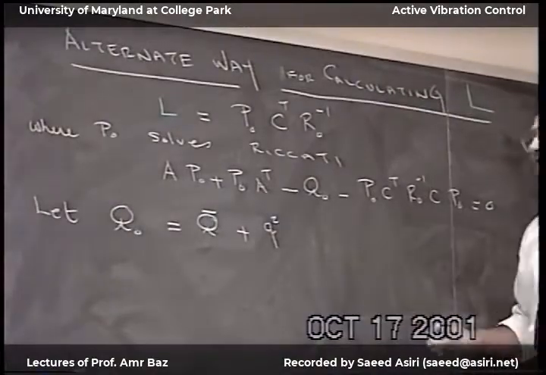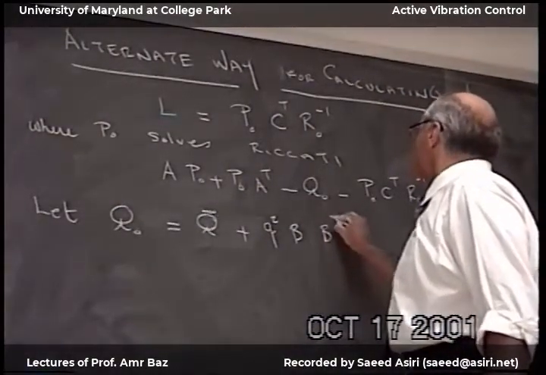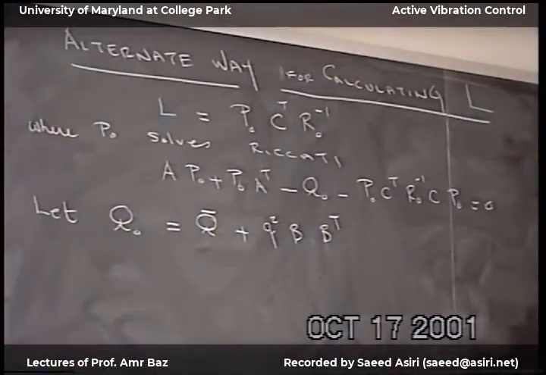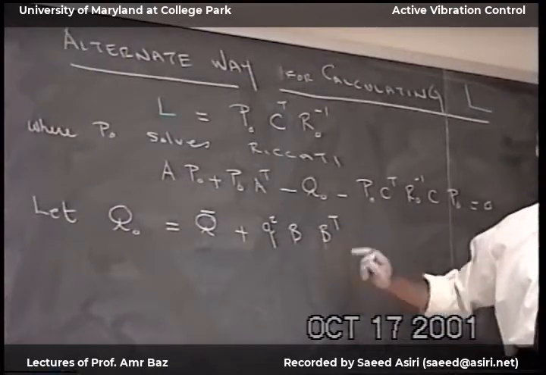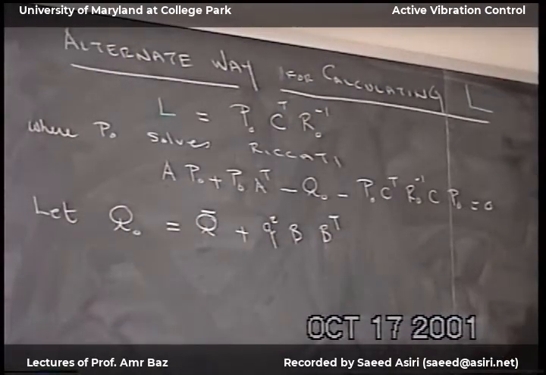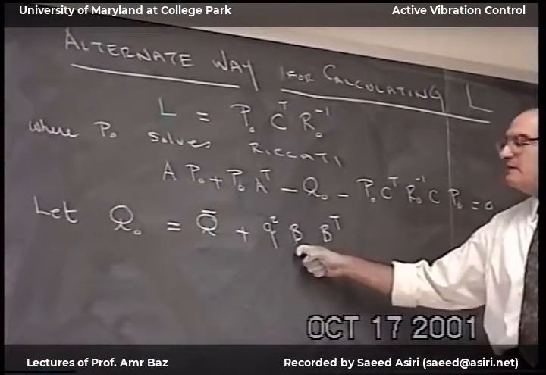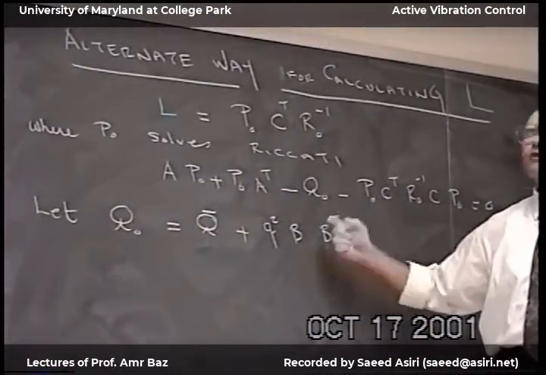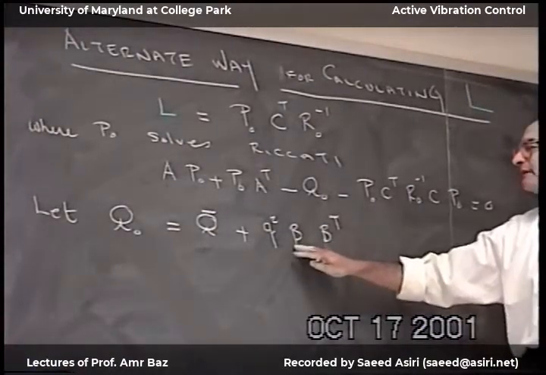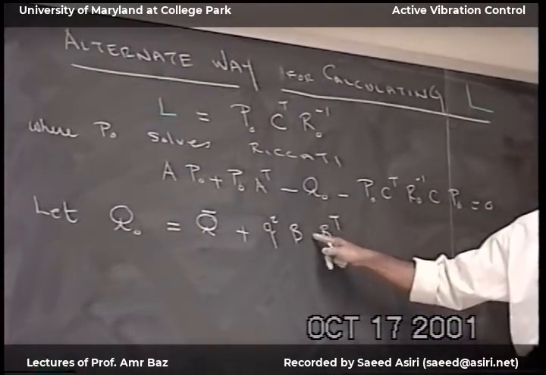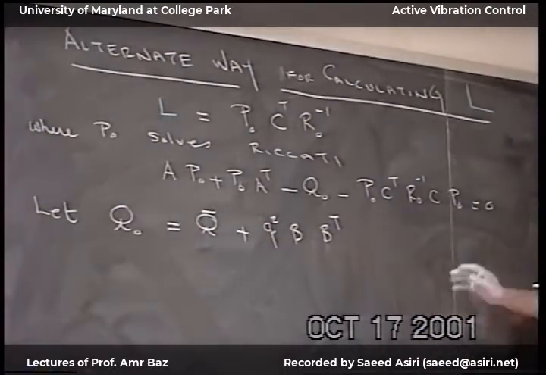This is a scalar positive number, B and B transpose. Or we can put any scaling matrix in between these two. The scaling matrix between these two will be a scalar, no, it doesn't have to be scalar, I'm sorry, because it depends on the number of actuators. But if we have a single actuator, then this would be a scalar. So I can put it like this, or I can put any scaling matrix.